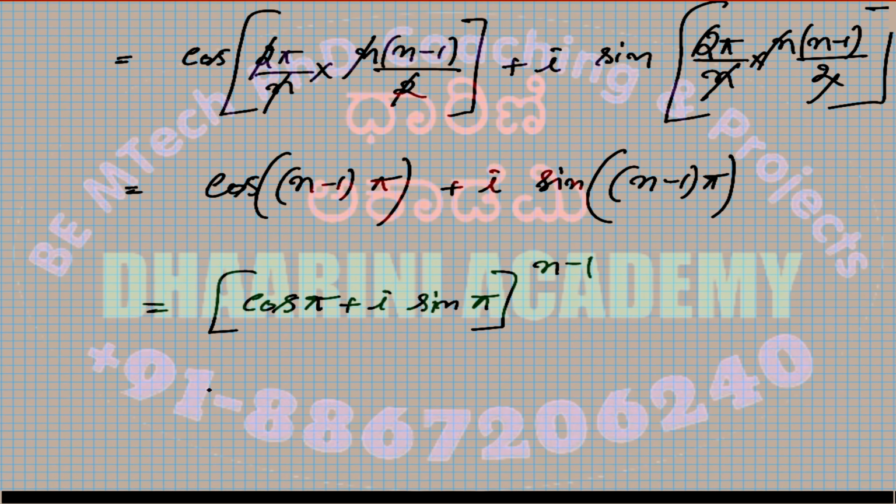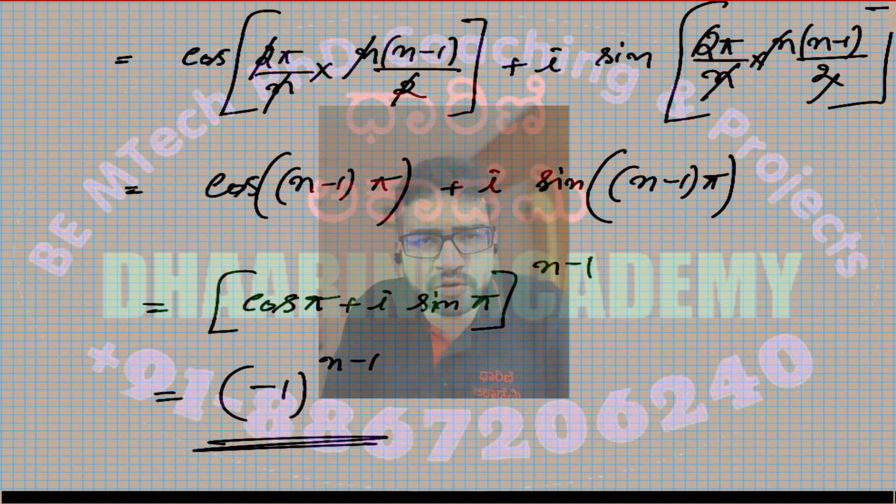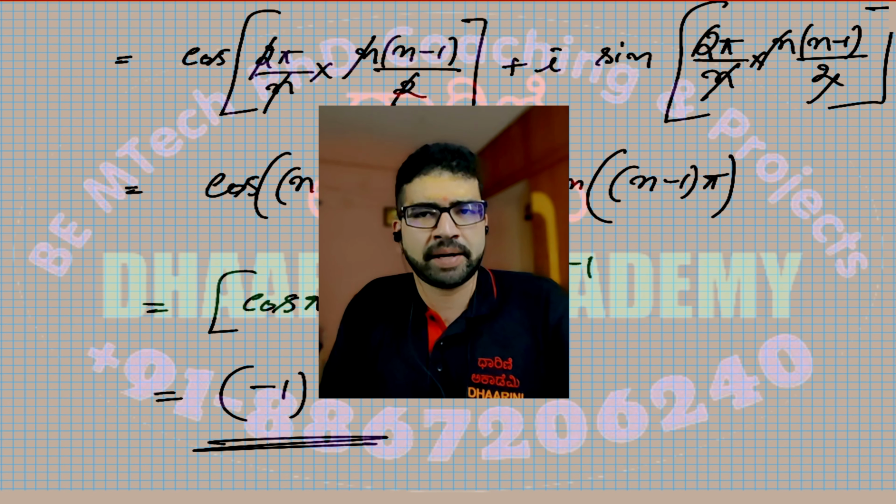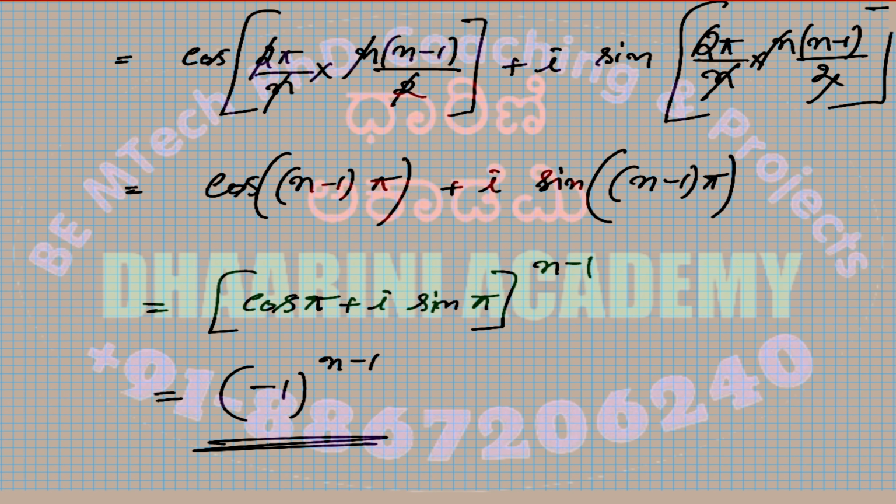So it's very clear now. This is equal to cos pi plus I sine pi is nothing but minus 1. Minus 1 to the power n minus 1. All right. So the product of n number of nth roots of unity comes to be equal to minus 1 to the power n minus 1. So this is the next concept that we are to remember.